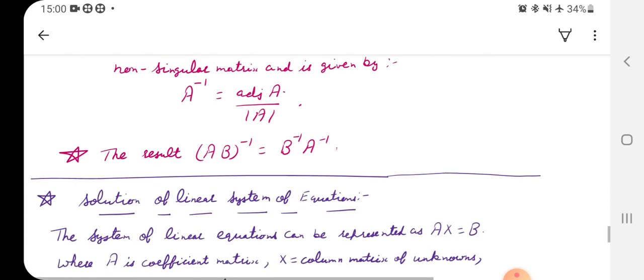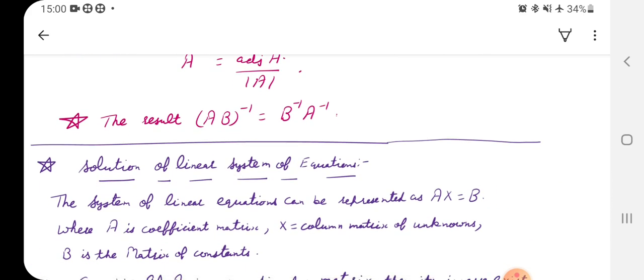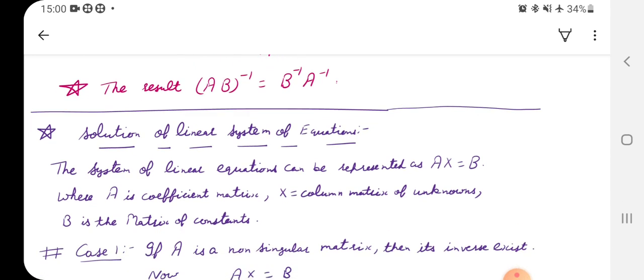Now moving on to the last exercise, which is the application of determinants. The application part of determinants is based on solution of a linear system of equations with the help of determinants. Now the system of linear equations can be represented as AX equals B, as seen in the matrices chapter.